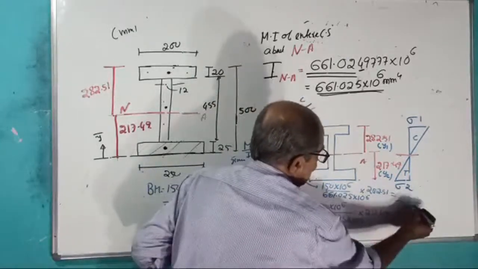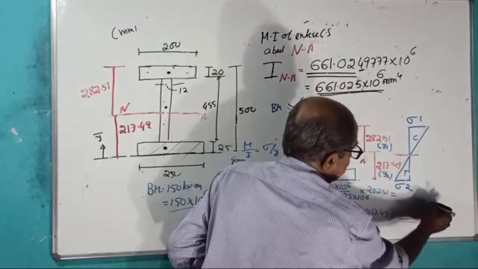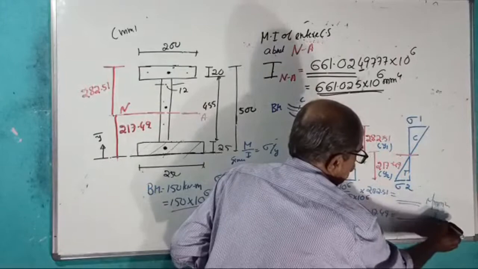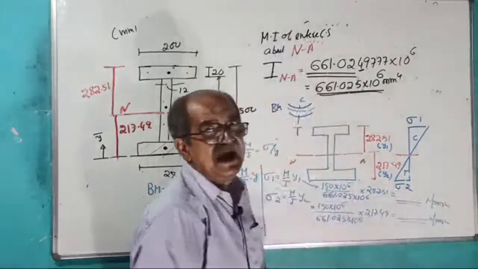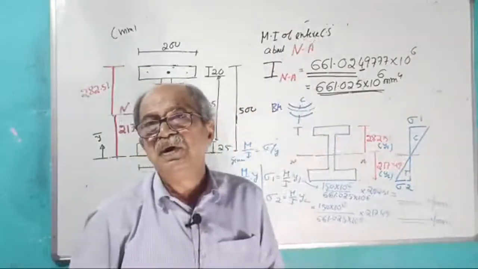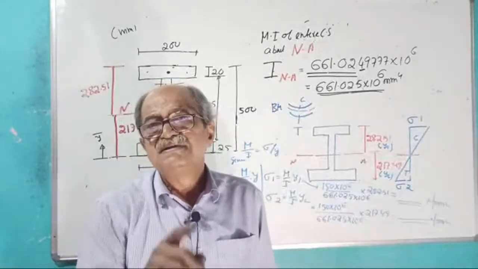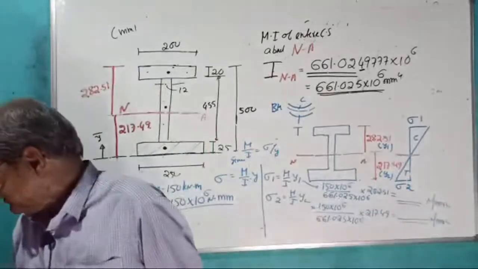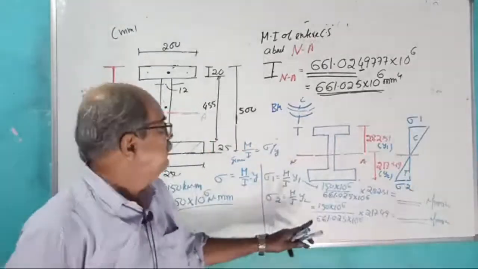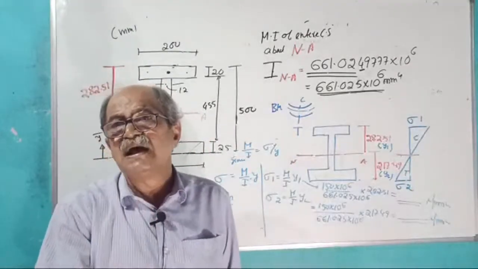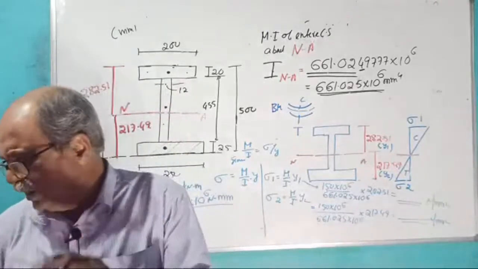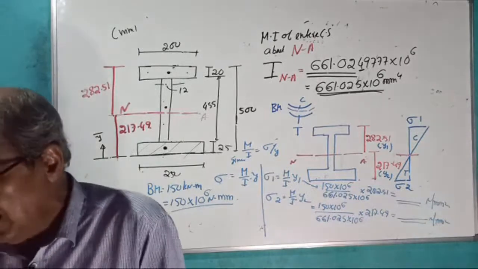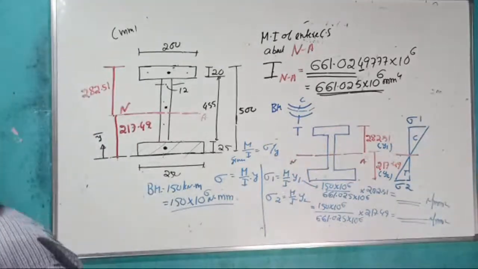Tell the value up to the third decimal. Both are in Newton per mm square. Tell correctly up to the third decimal. If you get some number to the third decimal, see the fourth decimal and tell me, because I want accuracy. Only for this question, give the answer up to fourth decimal accuracy.